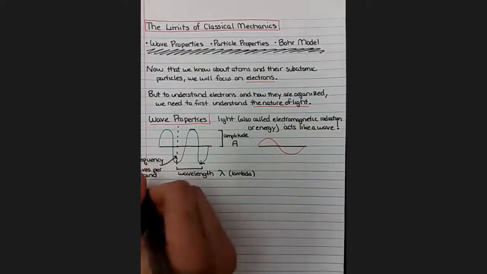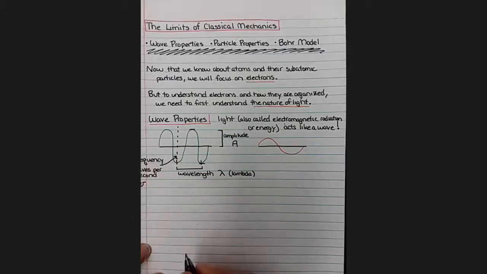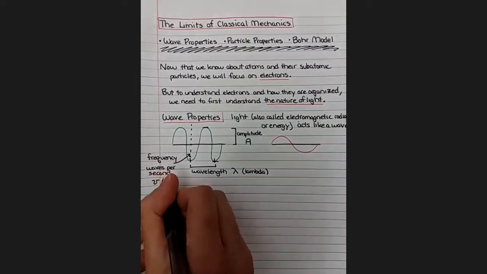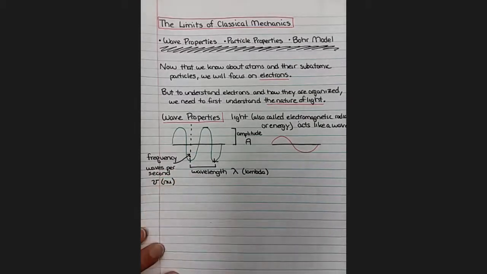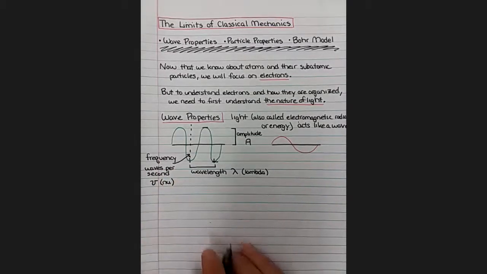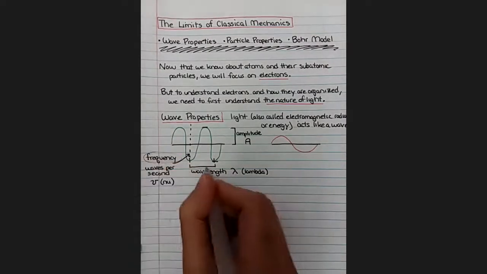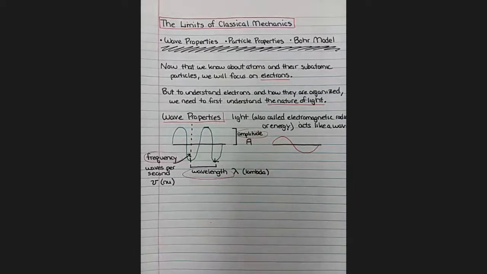So the symbol for frequency is another Greek letter. It looks kind of like a cursive letter V, and it's called nu. So there are three properties of a wave already: frequency, wavelength, and amplitude.